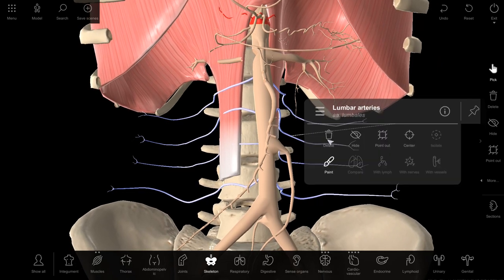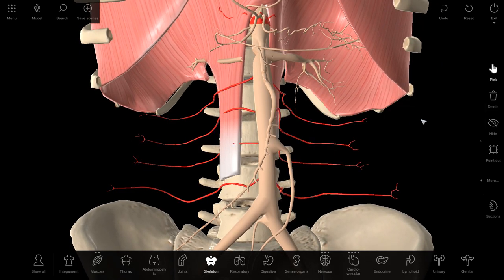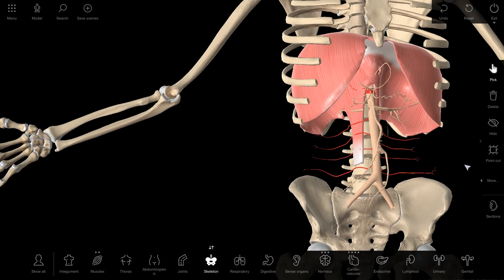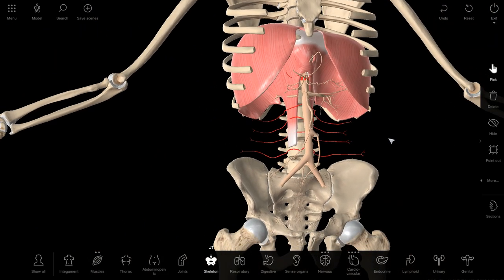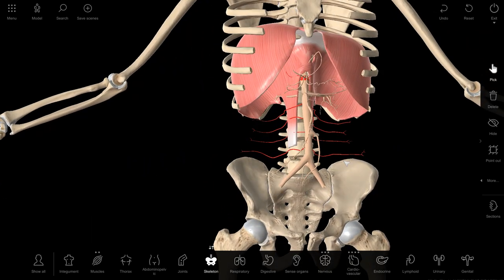Here they are, and again let's paint them. So, do you remember how many lumbar vertebrae exist? Surely 5. And how many intervertebral spaces? Surely 4 intervertebral lumbar spaces. So how many lumbar arteries exist?